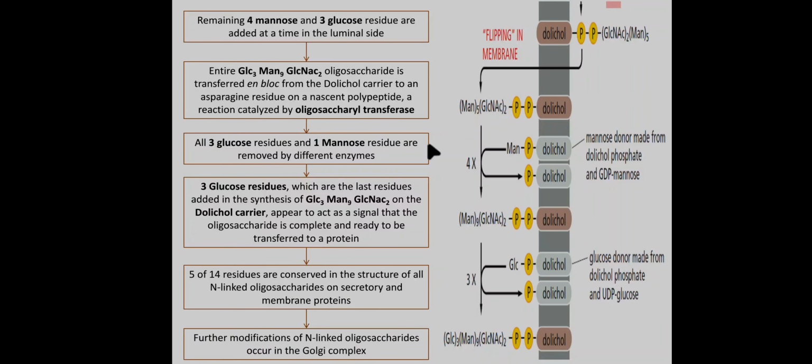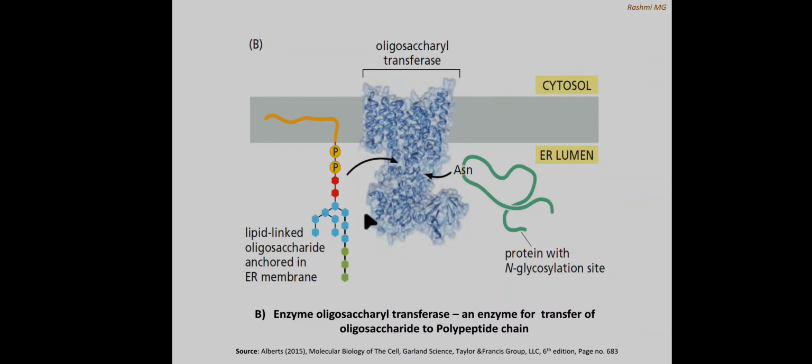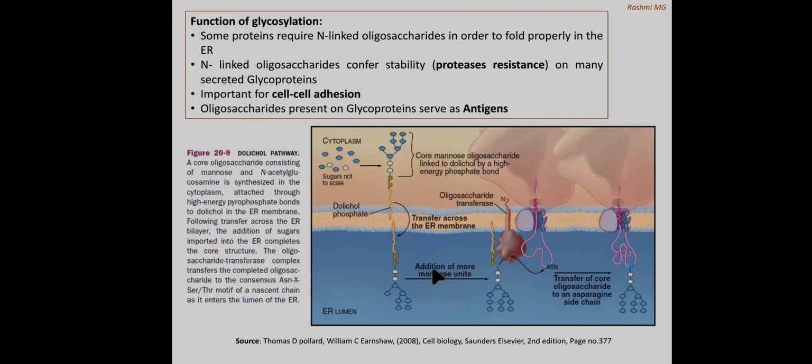You can see the attachment with the help of oligosaccharyl transferase. The lipid-linked oligosaccharide anchored in the ER membrane will get attached to the asparagine side chain. This is known as N-glycosylation.